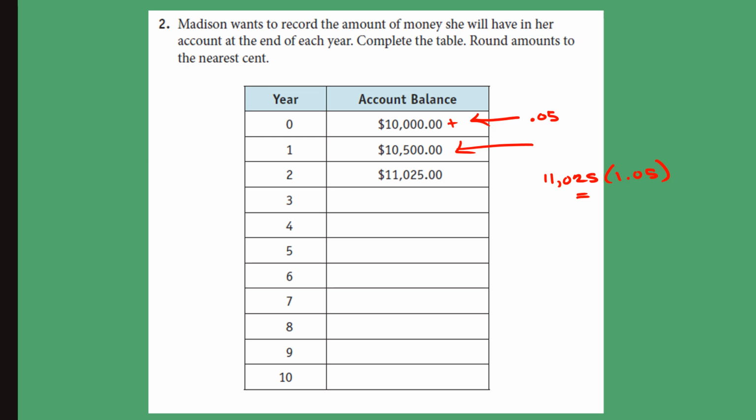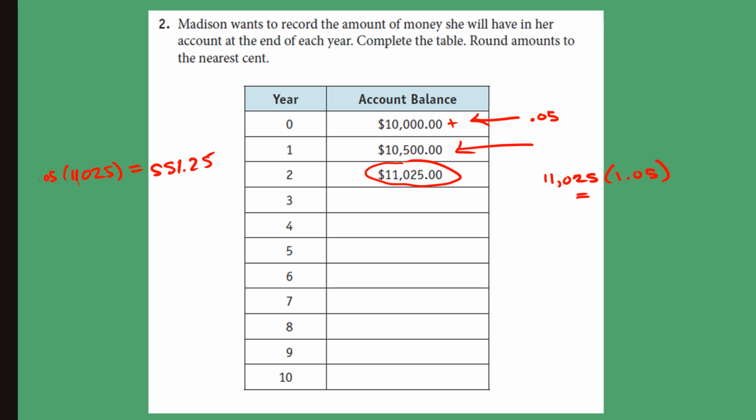So test it out. Make sure you understand that if you multiply 0.05 times 11,025, you'd get 551.25.